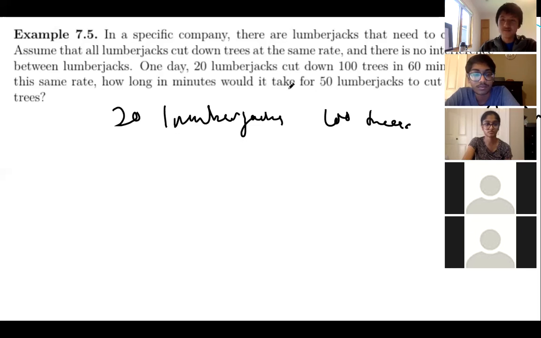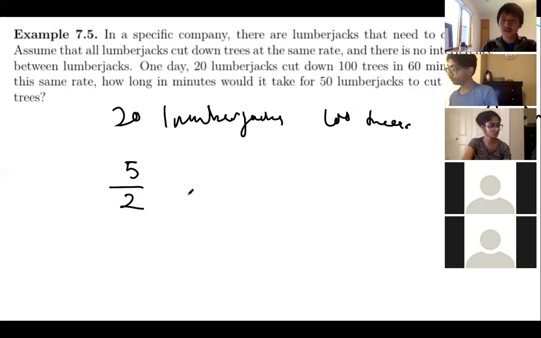But we increased the number of lumberjacks from 20 to 50, and that's an increase by 5/2. So that means that the amount of time it will take will also be reduced by the reciprocal of this amount.